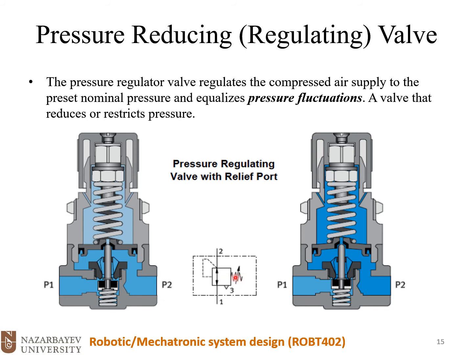We have a variable spring, this spring here. You see we have this dotted line, which originates from the valve and goes back to the valve itself. So it means that the valve itself could regulate or adjust itself.